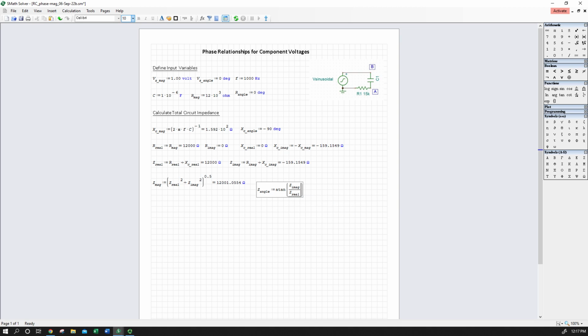So now I'm using some trig, equals. Now this value is in radians. That's S-math's default, and I want this in degrees. So I'm going to indicate, hey, I want to change units. It gets rid of the number that I calculated. I select degrees, and it should give me the equivalent value in degrees.